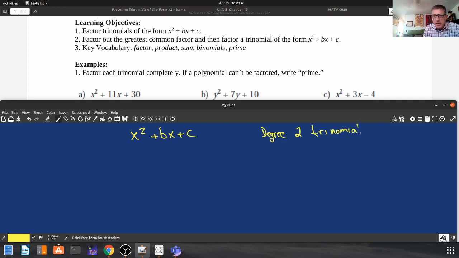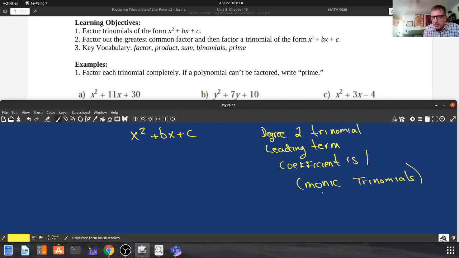And when we say of this form, the point is that the leading term coefficient is 1. These are also called monic trinomials, or more generally, monic polynomials.